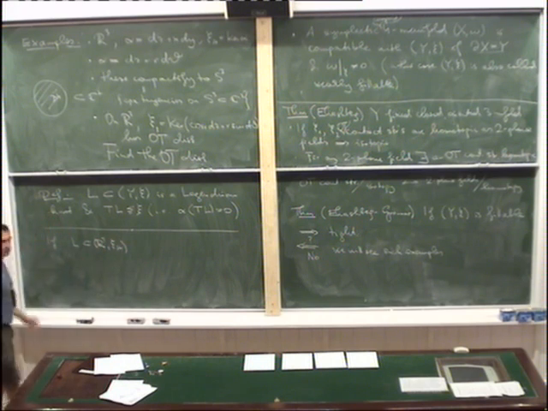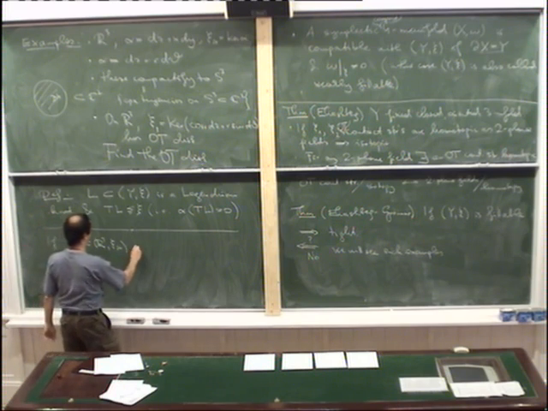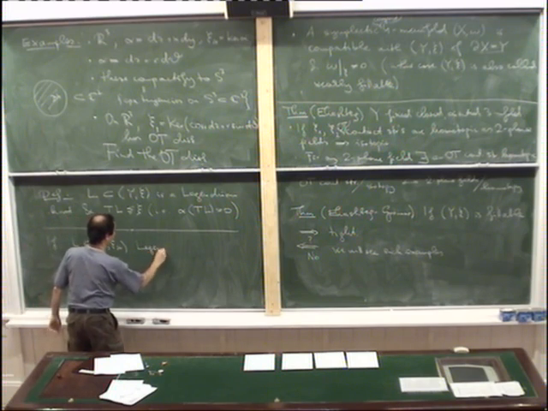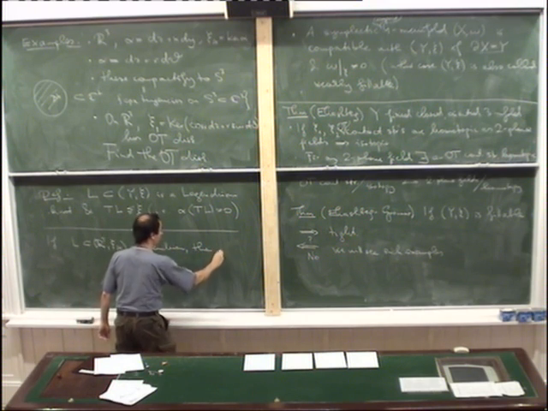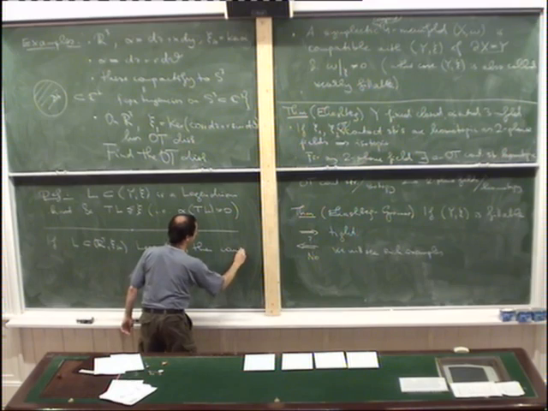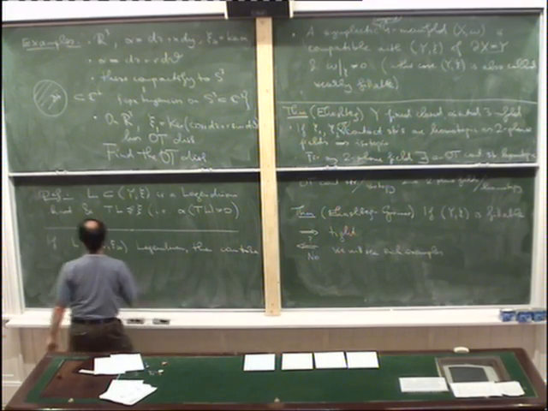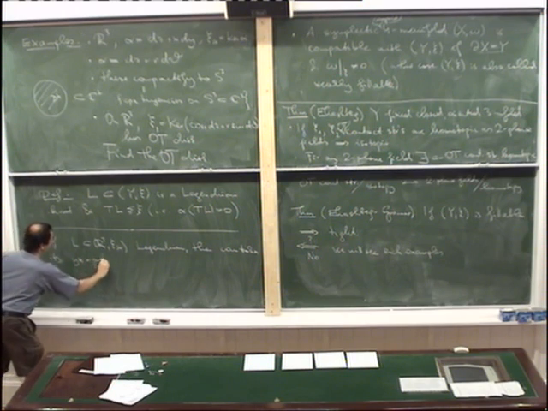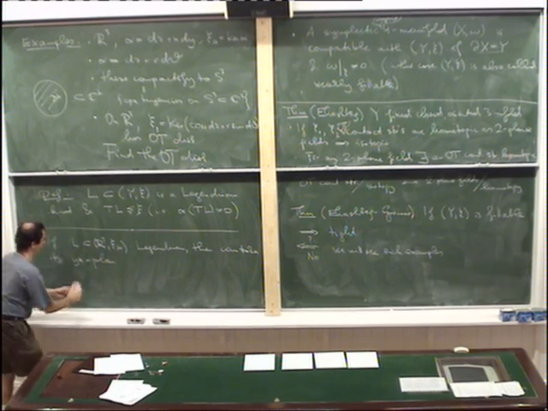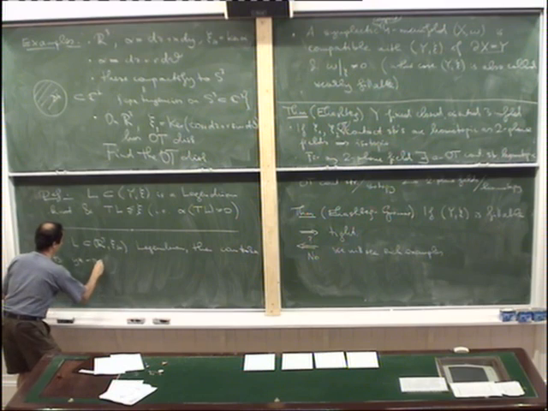So if you have a Legendrian knot in the standard contact R3, then you can take its projection to the yz plane, the yz projection.